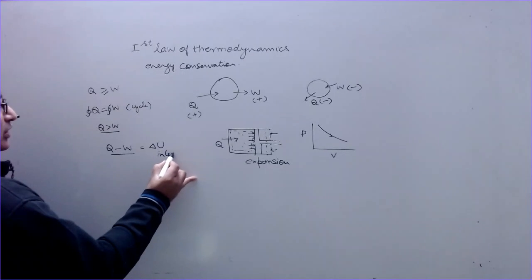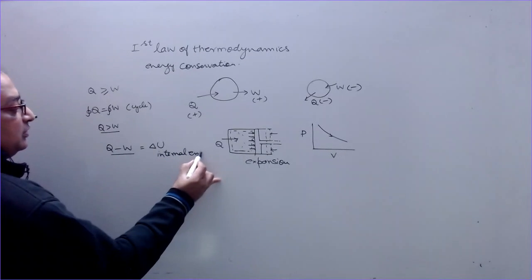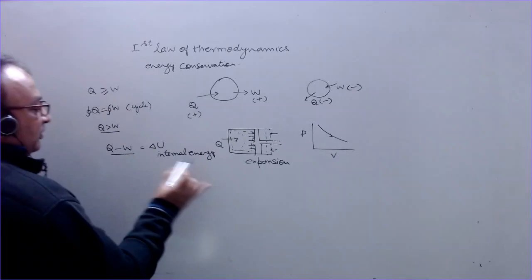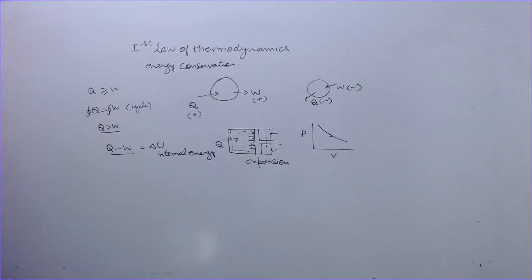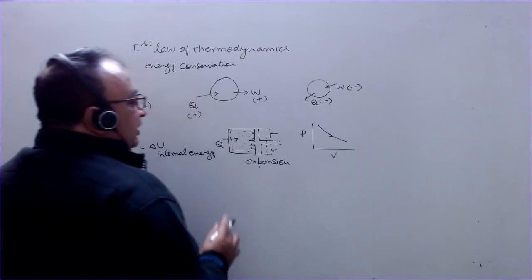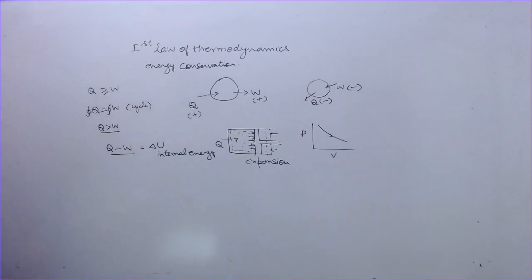This is called internal energy. So this is the first law of thermodynamics in brief. Now, let us come back to our topic, the Mayer's formula we have to discuss right now, that is the relation between Cp and Cv.